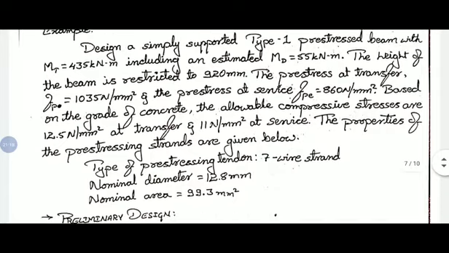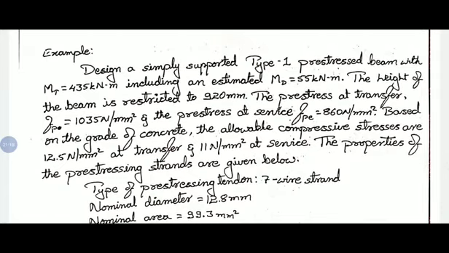So let us take one example. Design a simply supported type 1 pre-stressed beam with MT, that is total moment, given directly as 435 kilonewton meter, including an estimated MD, that is dead load moment, of 55 kilonewton meter. The height of the beam is restricted to 920 mm.